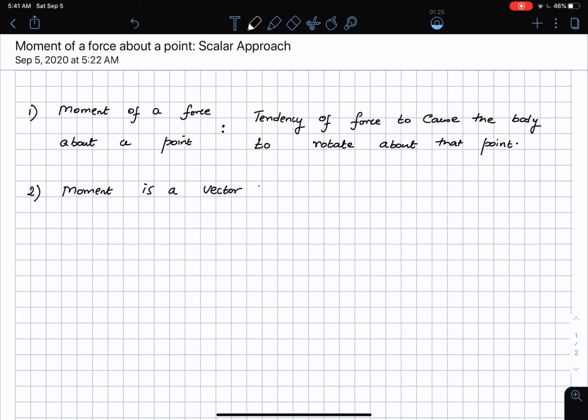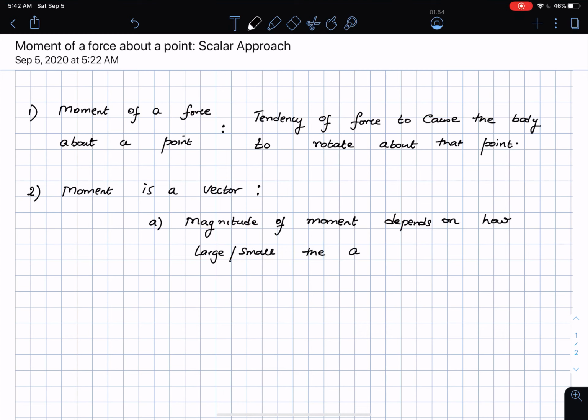The first thing is that the magnitude of the moment depends upon the magnitude of the force, how large or how small the applied force is.